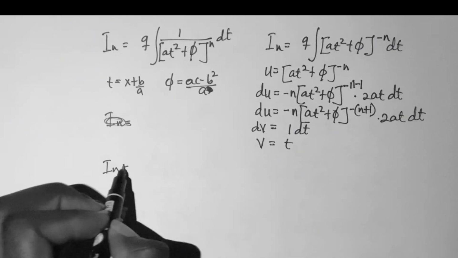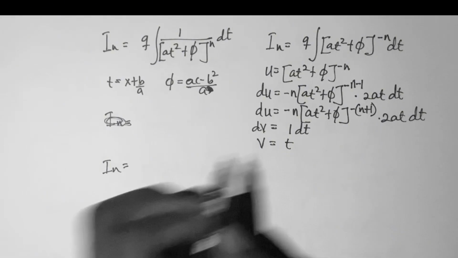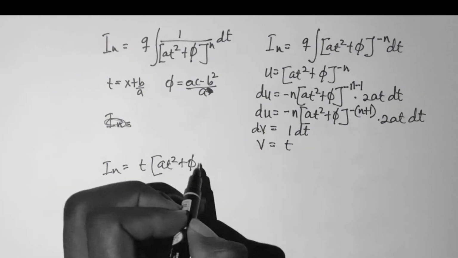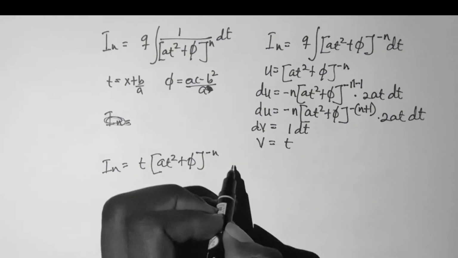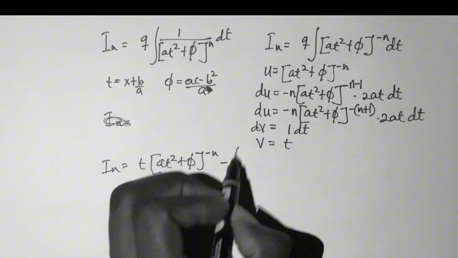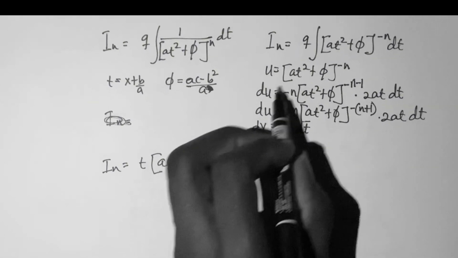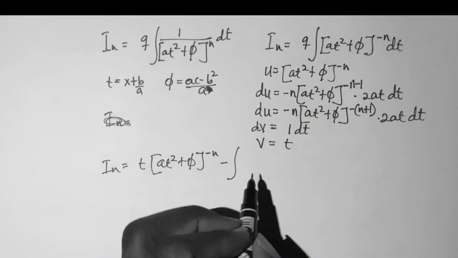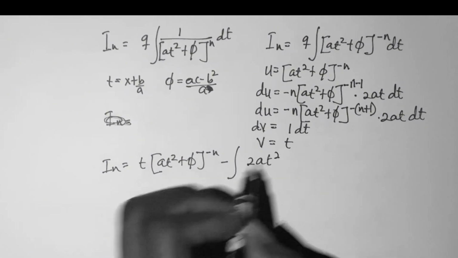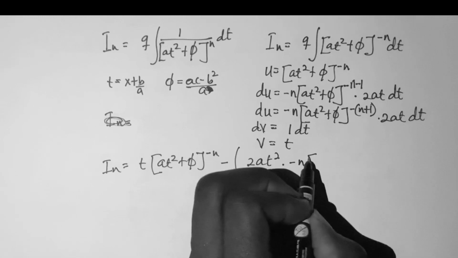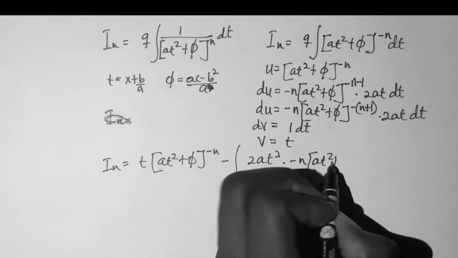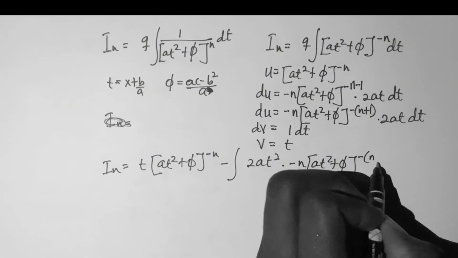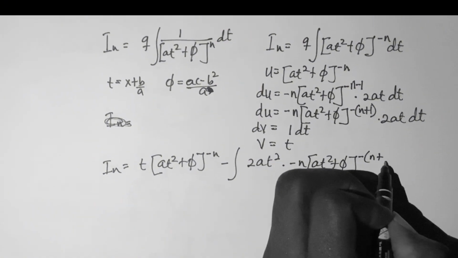So I of n is equal to uv, so it becomes t times (at squared plus phi) exponent minus n, then minus the integral of v du. This is du, this is v, so it becomes 2at times t, which is 2at squared, times minus n times (at squared plus phi) exponent minus (n plus 1).